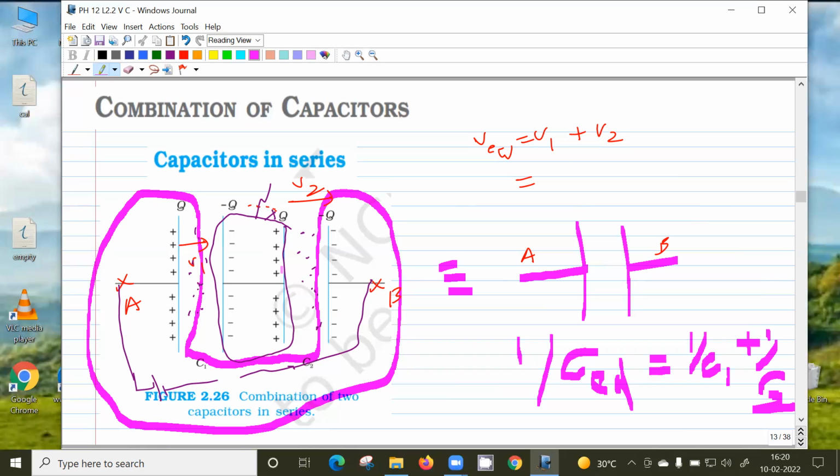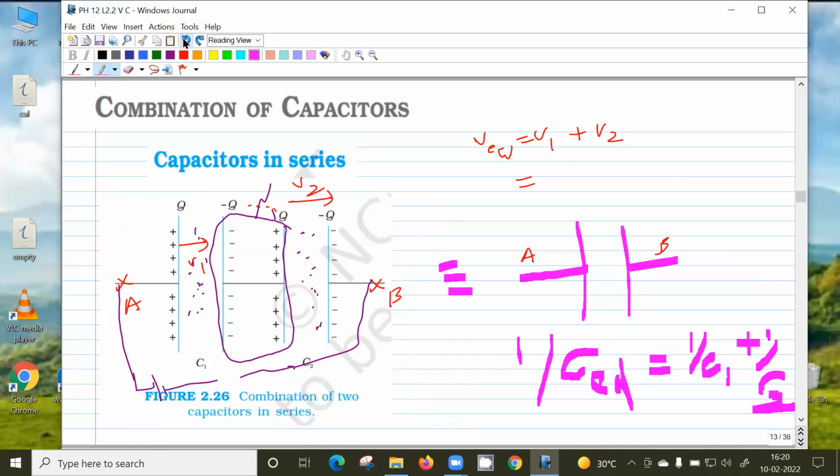Once I connect this battery, charges are induced, but the initial net charge inside this full system or body is 0. So finally also it should be 0. Whatever plus is here, the corresponding minus should be here, so that the net charge inside is 0. Okay, by conservation of charge.